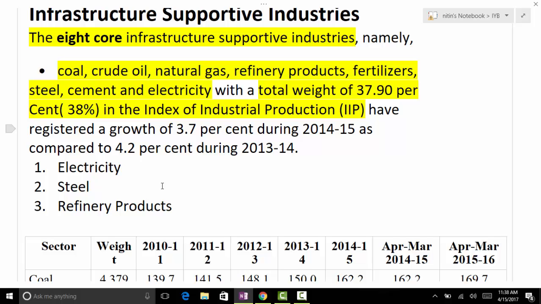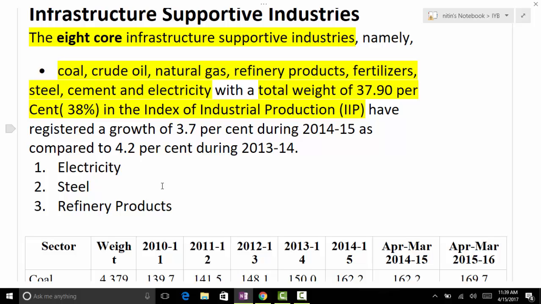See, there are three items dealing with oil and gas. One is crude oil, second is natural gas, and when you refine the crude oil, you get the refinery products. So these three are interlinked, you can remember them. Then you see the other energy products, coal and electricity, then fertilizer, steel and cement.